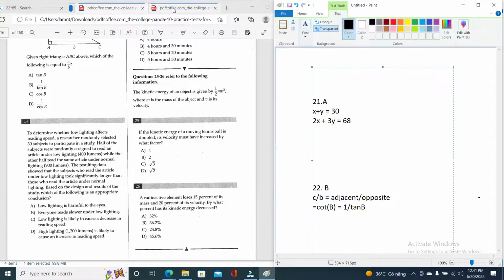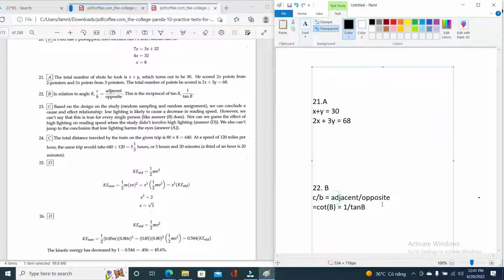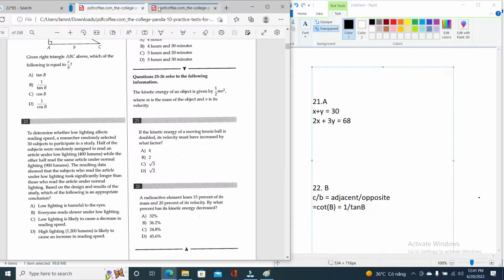What the hell? This is B. Adjacent over opposite, so it's the reciprocal of tan B. Reciprocal of tan B. So it's 1 over tan B. Alright. It's B.